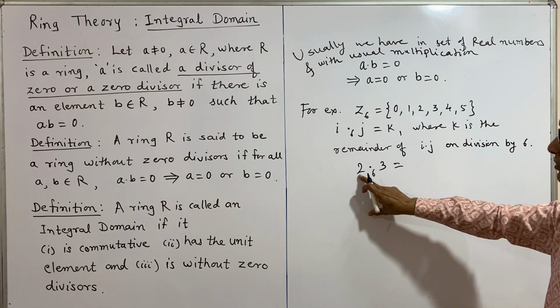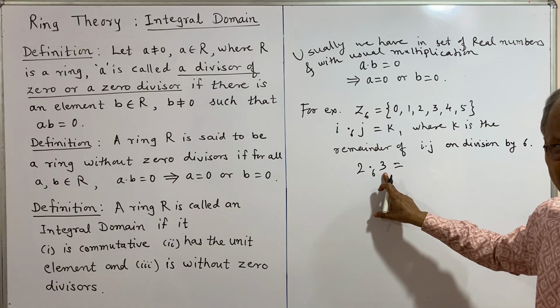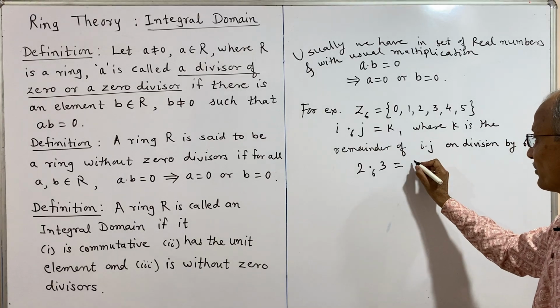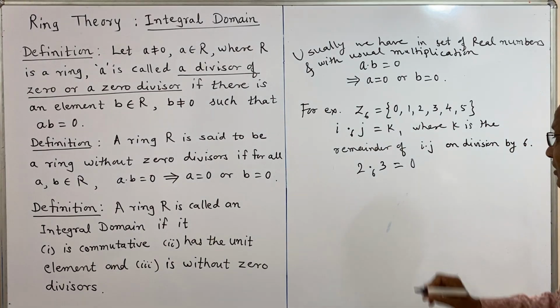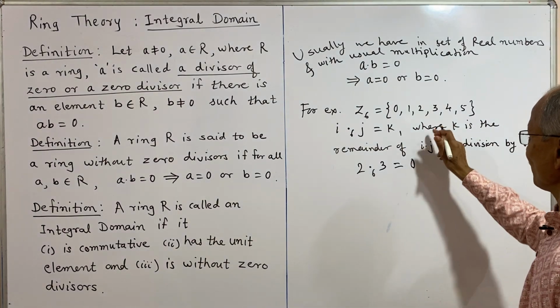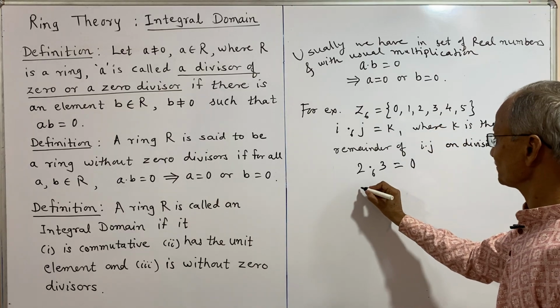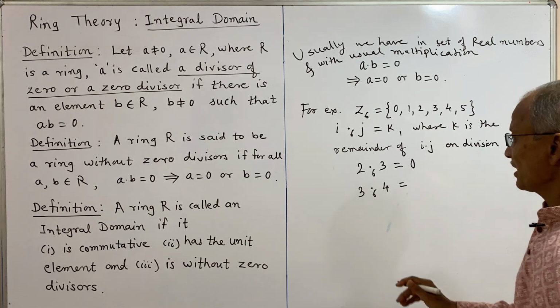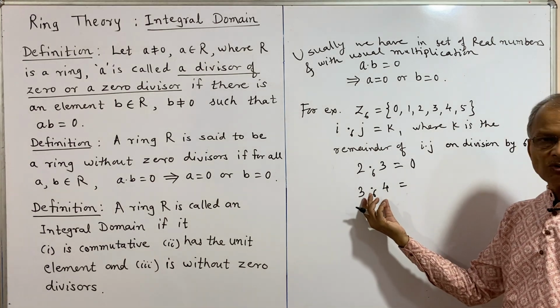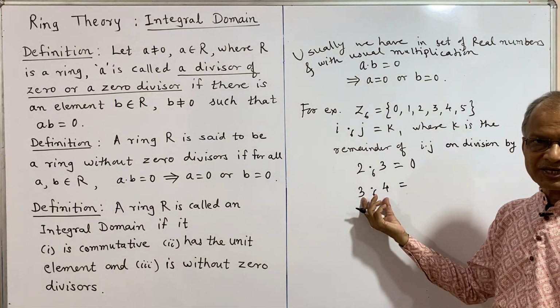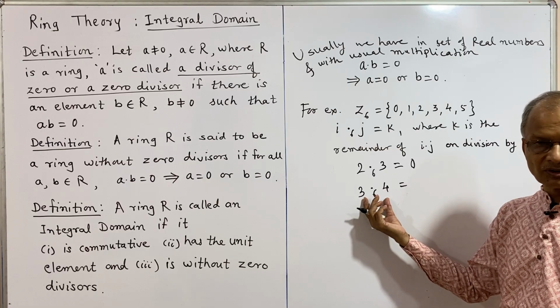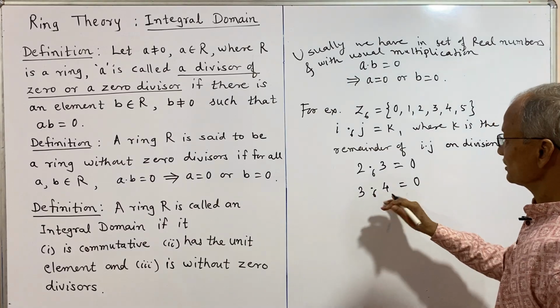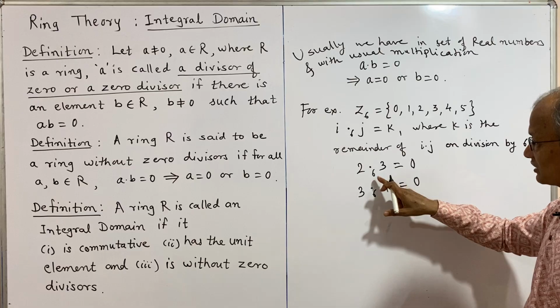Now the product of 2 and 3 is 6, and when it is divided by 6, the remainder is 0. Similarly, we can see 3 into 4 is 12. 12 when divided by 6 gives remainder 0, and therefore these are the two results we have here.